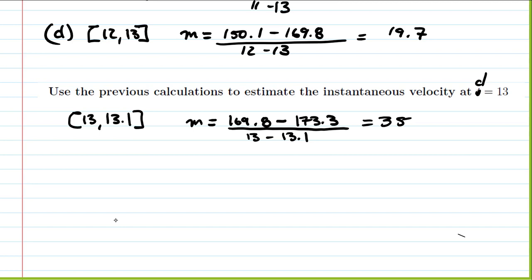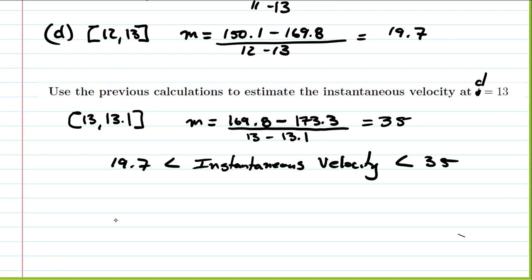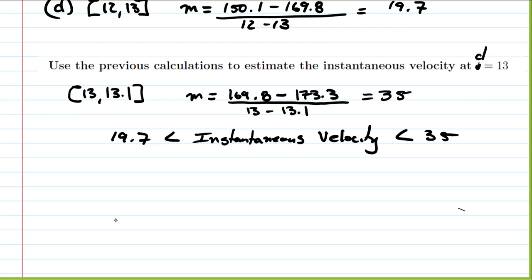So this gives us a lower bound for their instantaneous rate of velocity, and this gives us an upper bound. So we know that it's less than 35, and we know that it's bigger than 19.7. We don't know what it is based on the data that we have in this table, but we know it has to be somewhere in between these two things.